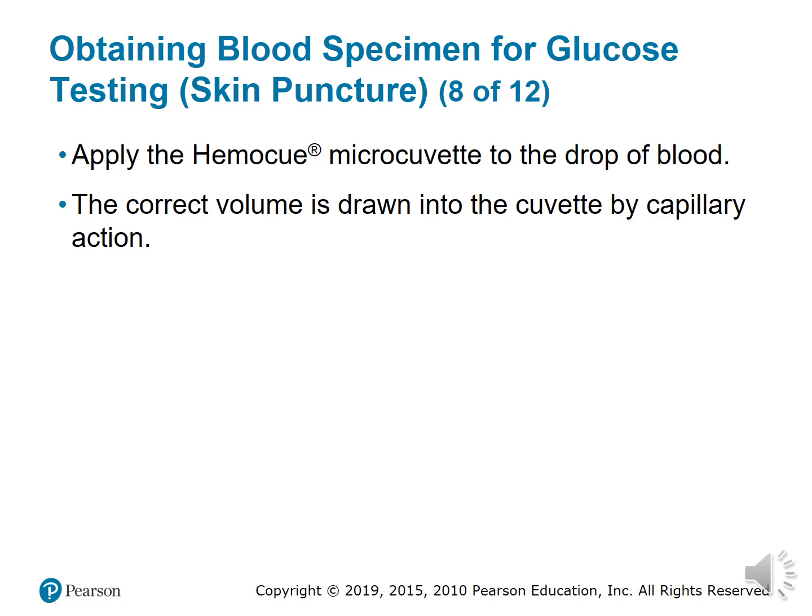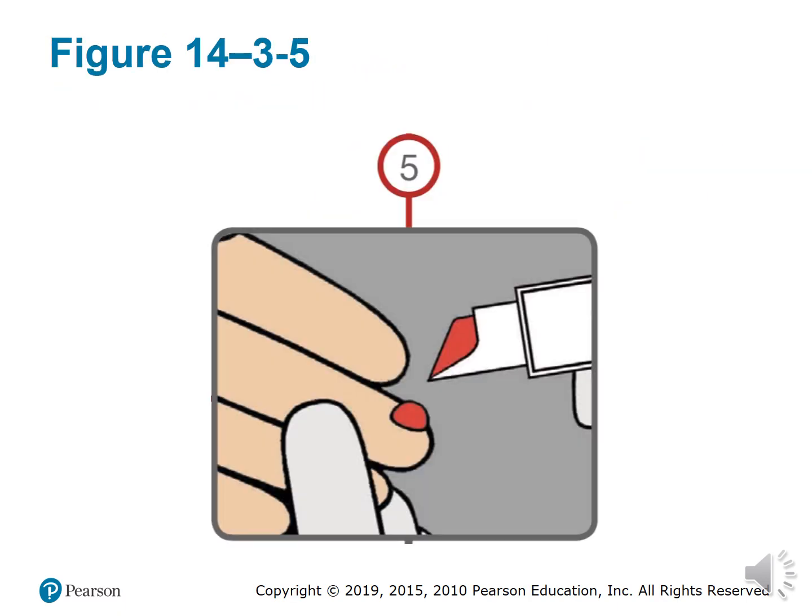Apply the Hemocue microcuvette to the drop of blood. The correct volume is drawn into the cuvette by capillary action, meaning it pretty much sucks in on its own due to the way it's designed. So there's a picture of it.